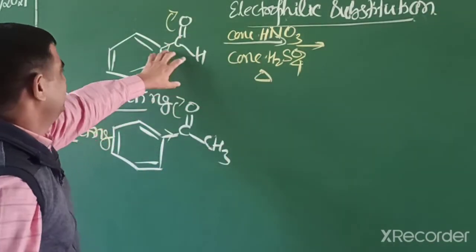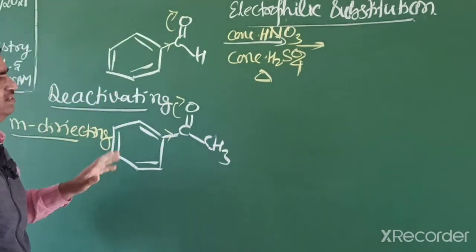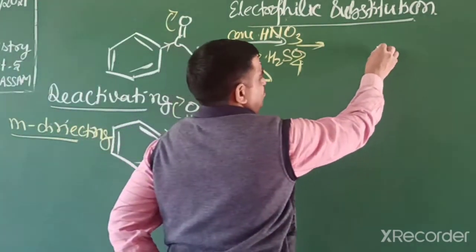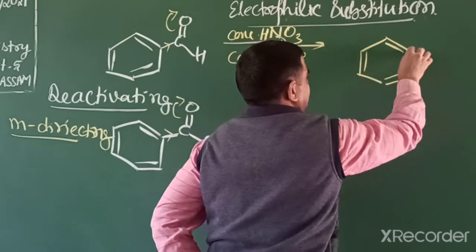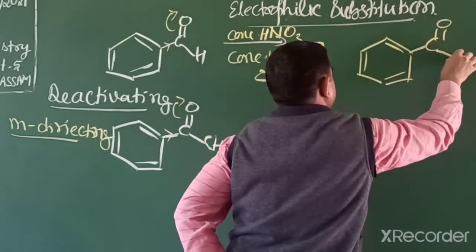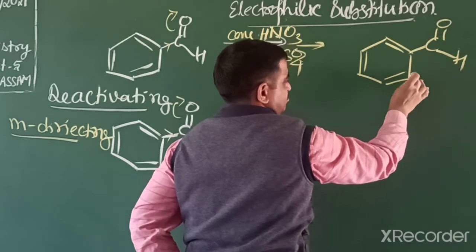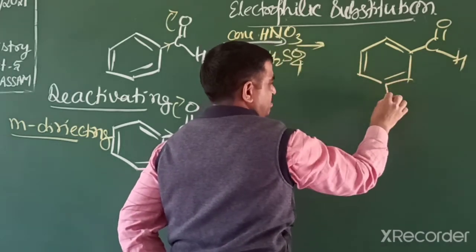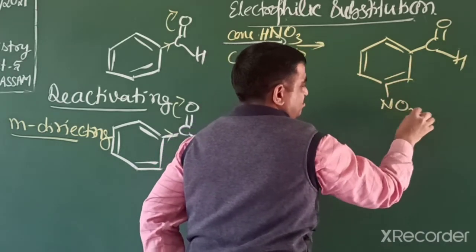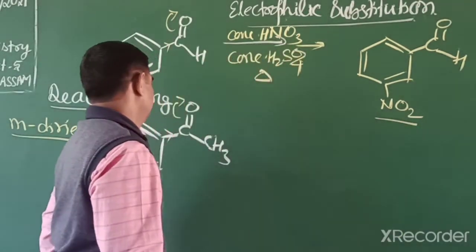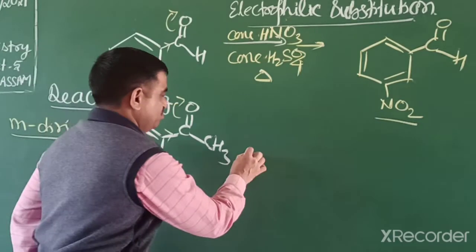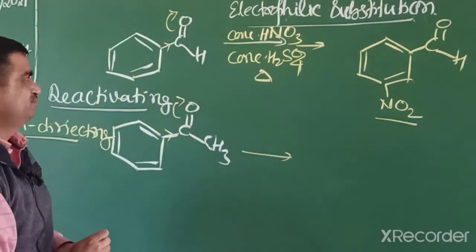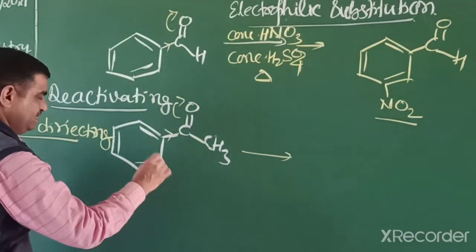That electrophile attacks the benzene ring, so we get the meta product. That is ortho, this one para, so meta-nitrobenzaldehyde.